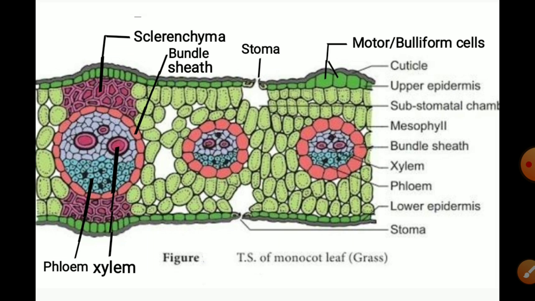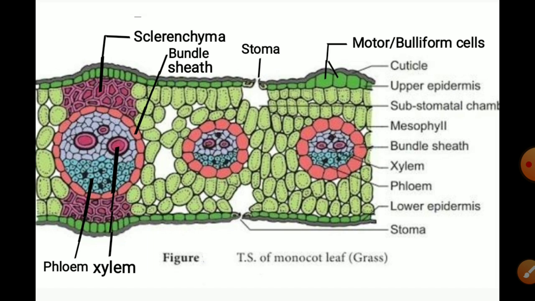And when the field or the soil is supplied with water, these motor cells become turgid, and when the turgidity occurs in the plant body, the leaf again unfolds, the leaf opens.